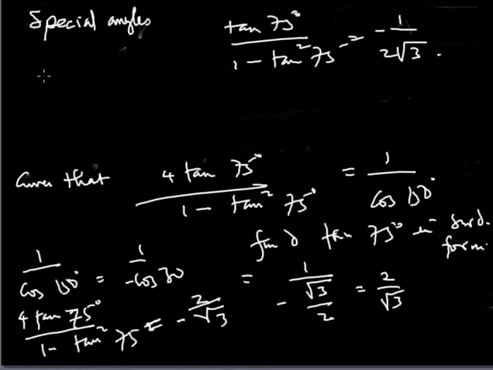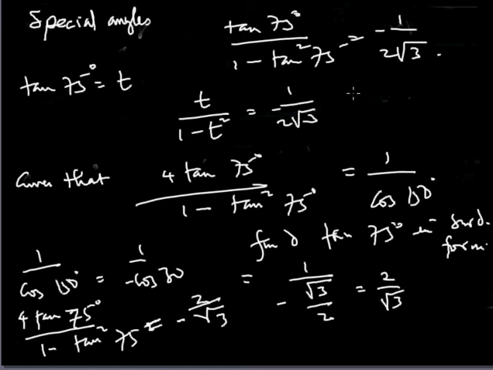Which is the same thing as, we can as well make tan 75 equal to t. Then we have t over 1 minus t squared is equal to minus 1 over 2 root 3. And what we are going to arrive at is a quadratic equation.